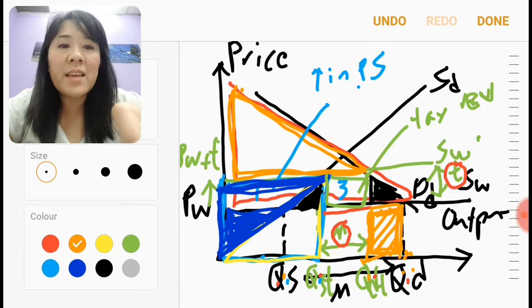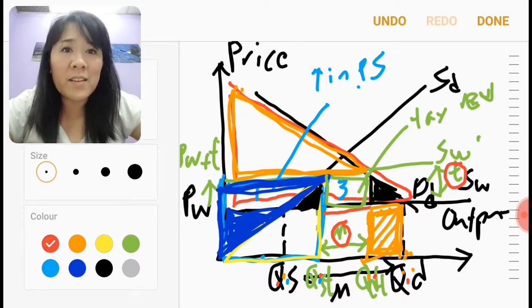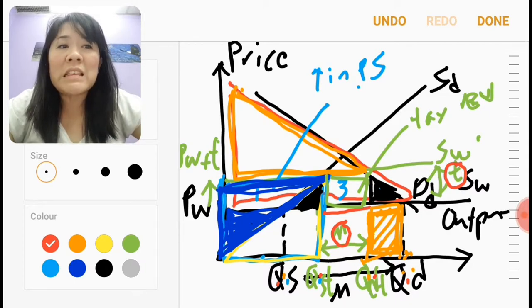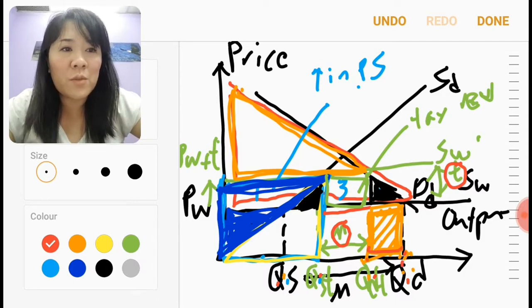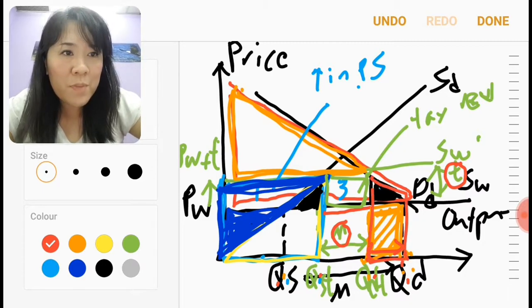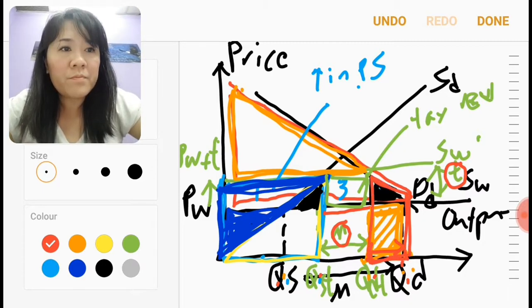But there is a greater deadweight loss that arises from the loss of satisfaction that could be derived if these QD QDT amount of goods were consumed instead. The loss of satisfaction due to the underconsumption of the good by QD QDT is this trapezium over here in red.